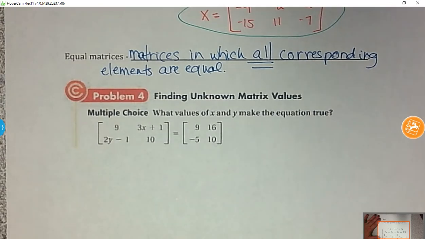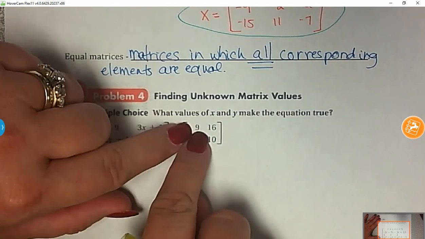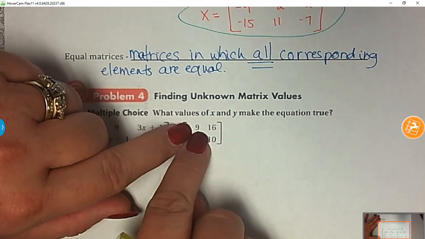So what I want you to see here is that the first row, first column here is a 9. First row, first column here is a 9. Those are equal.